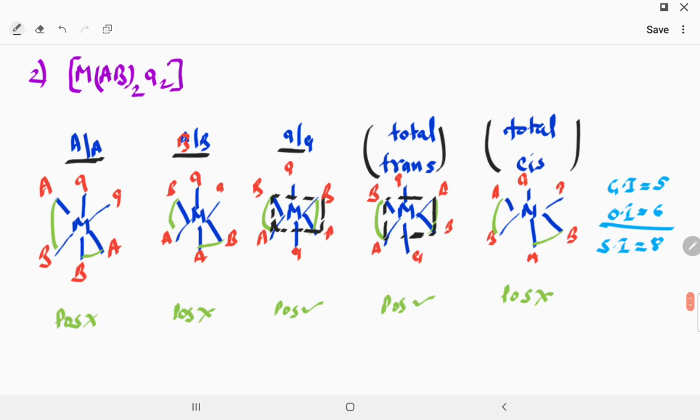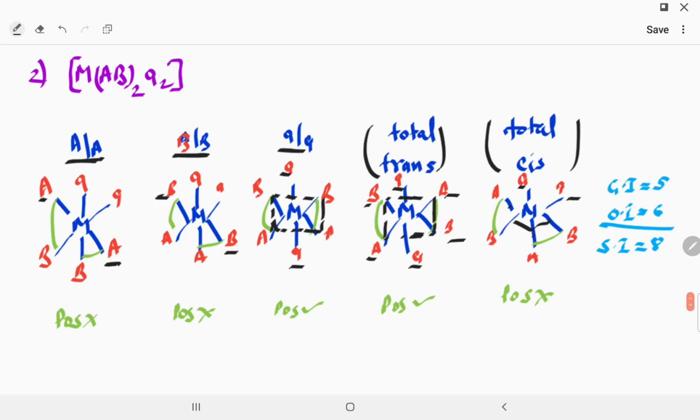When AA trans means this capital A is trans to this A, this B and this B are trans. In this case you are able to see all trans: AA trans, AA trans, BB trans. All cis: A is cis with A, B is cis with B, this B is cis with B, this A is cis with A.